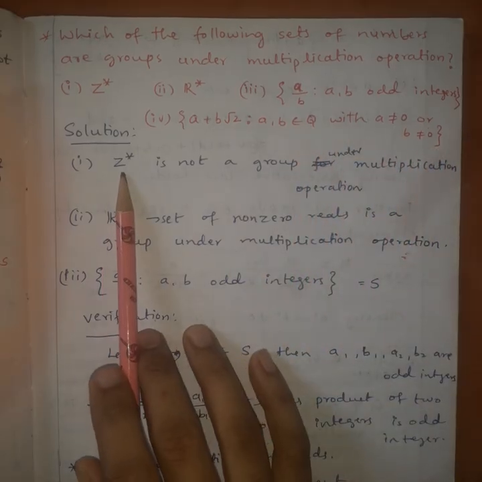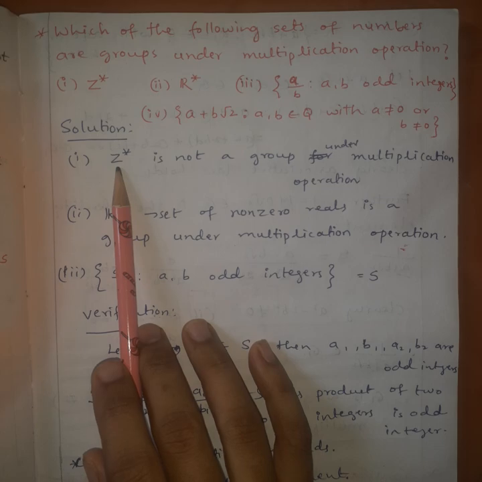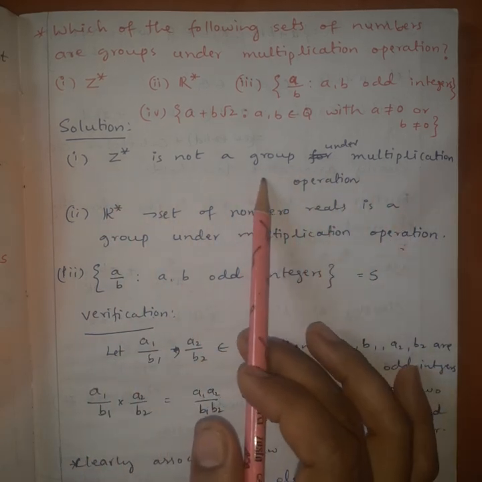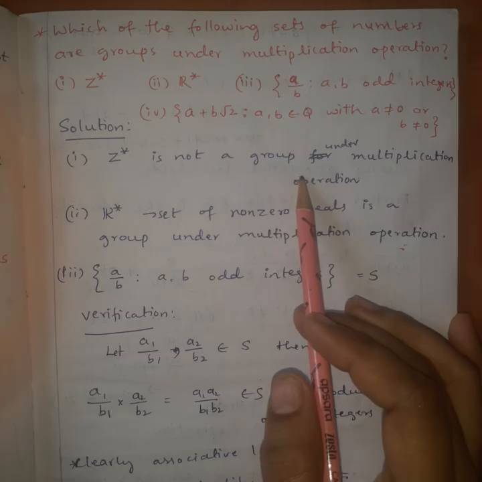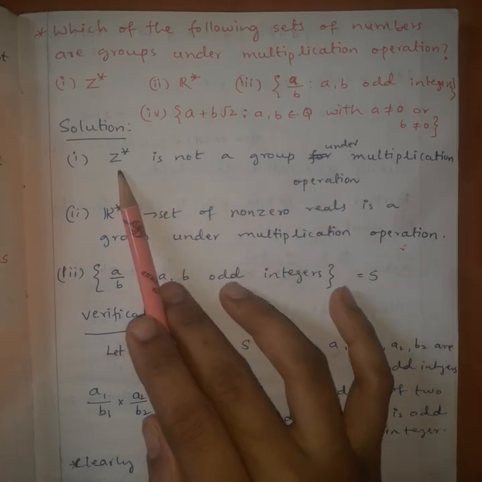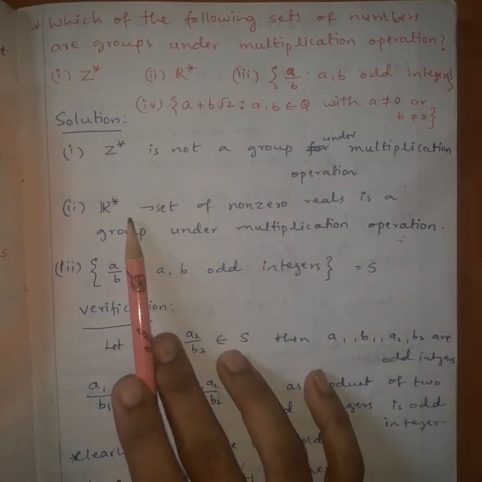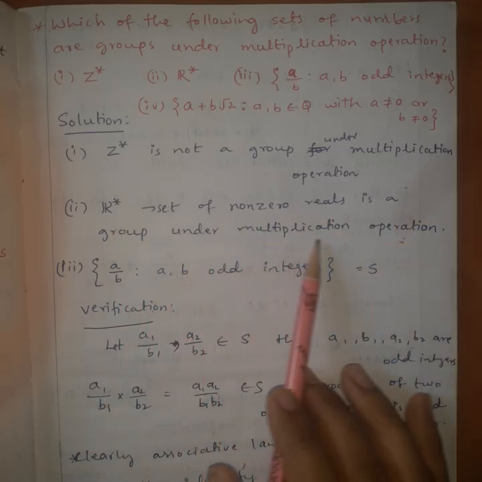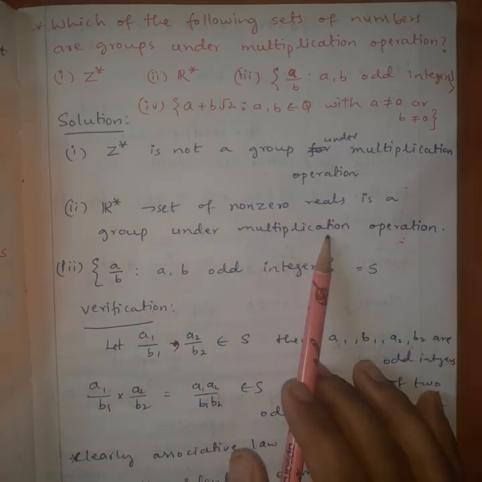Okay, the set of non-zero integers is not a group under multiplication, as I have already told, because the inverse does not belong to the set of integers. And the set of non-zero real numbers is a group under multiplication. It is an abelian group.